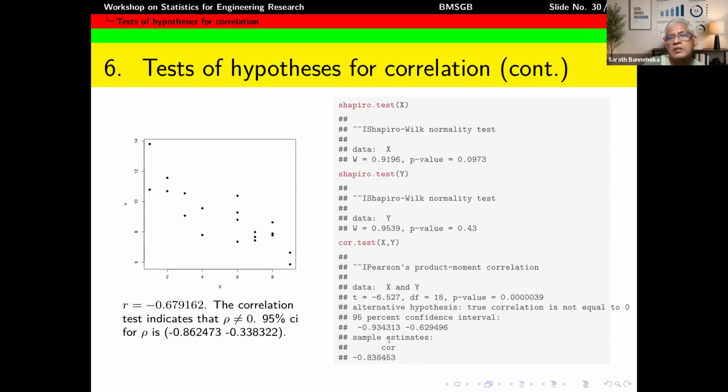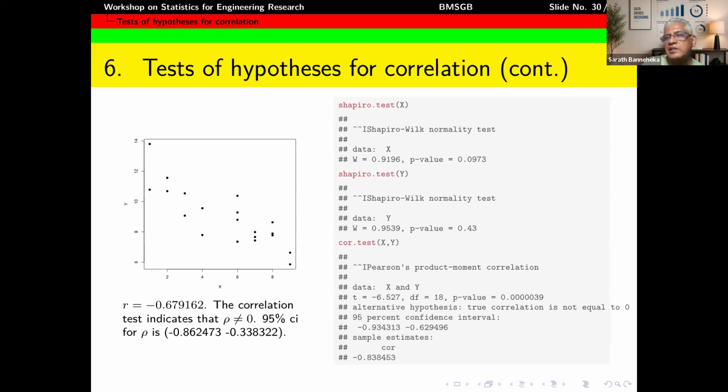The value of rho is between negative 0.93 and negative 0.62, so the existing linear relationship between X and Y in the population is somewhat moderate to strong.